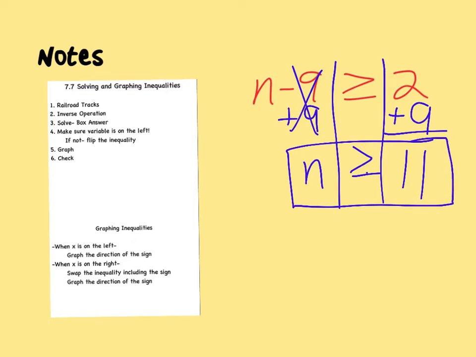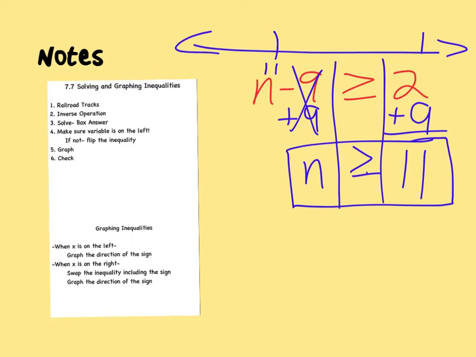Now, if we were to graph that, so I'm going to put a straight line right here. Well, we would go to wherever 11 is, right? I don't like where I put the 11. I'm going to change where I put that 11. So we're going to put the 11 right here.